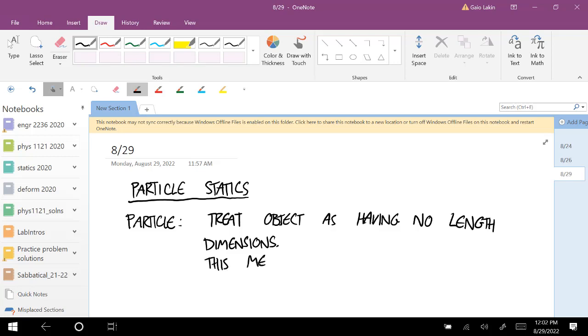This means changes in orientation can't be calculated.